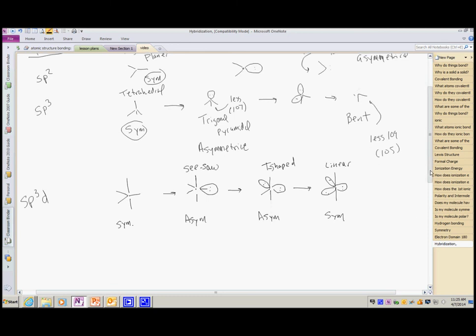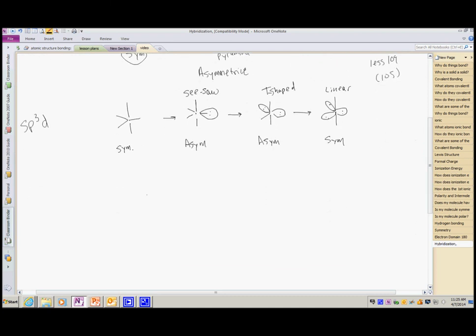If I were to take 6 things off a center, we'd call it sp3d2 hybridization, and there we go. Again, this is called octahedral, or square bipyramidal, and it is symmetrical. As I start lopping off things, it doesn't matter which one because each one of them is the same.